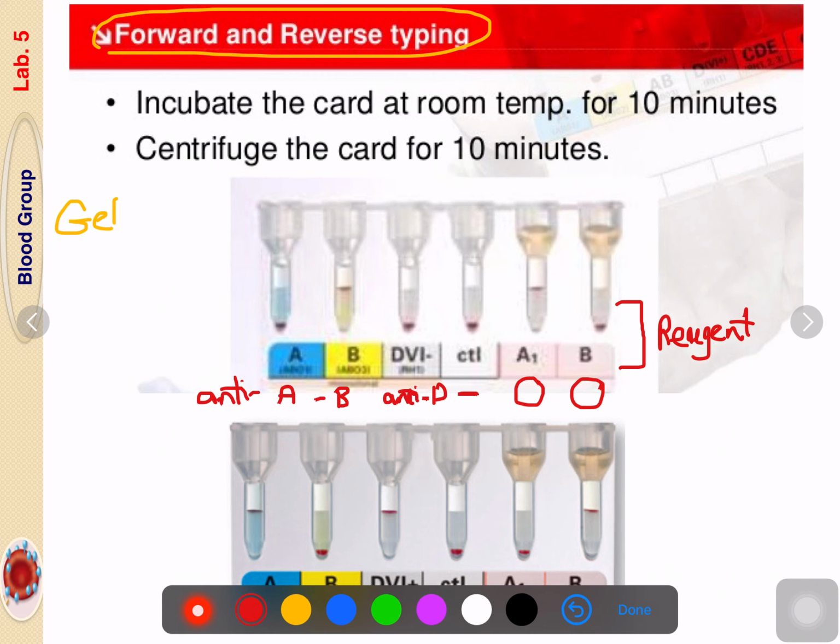Okay, as a reagent we have this, and we have antigen A and antigen B.